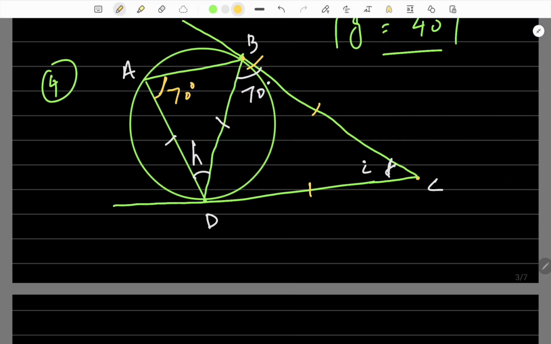Any doubt beta? By the third property, right? The same chord beta, from the two points of contact on the circle, extends the same angle on the circumference which it makes with the tangent.